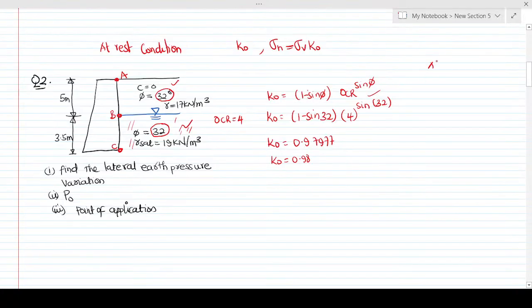So let me start from here. At A, the vertical stress is equal to 0, so everything here will be equal to 0, right? Then at B, the depth is 5 meters, so my vertical is going to be gamma z.